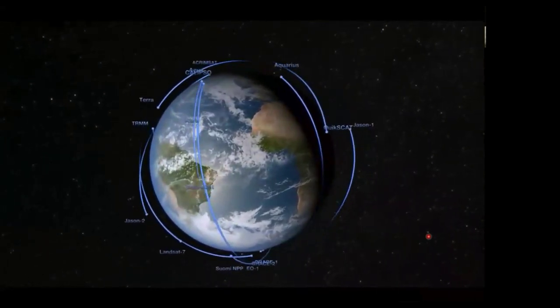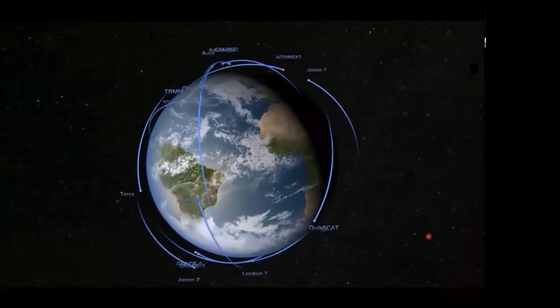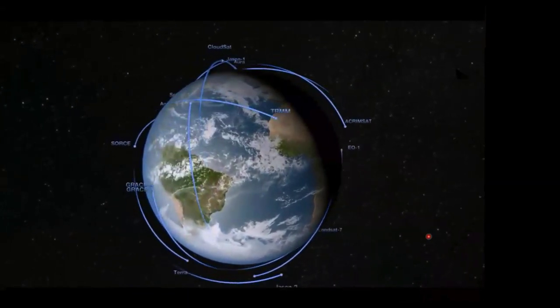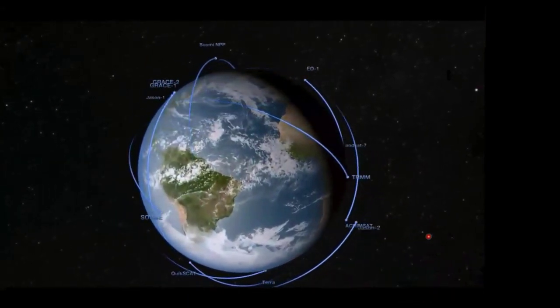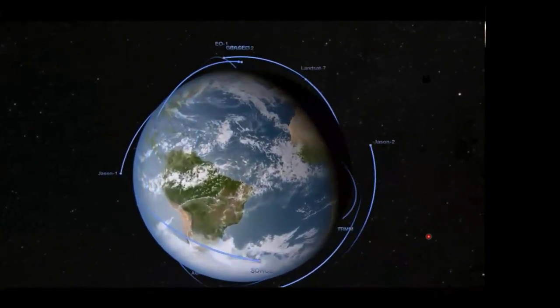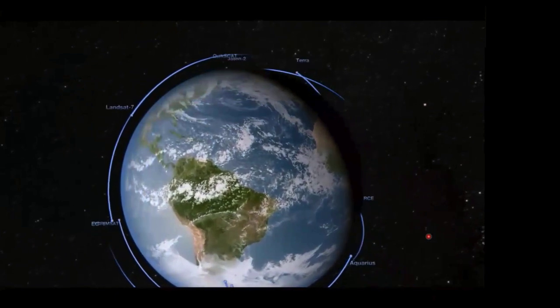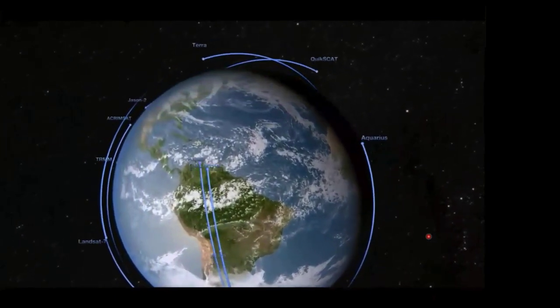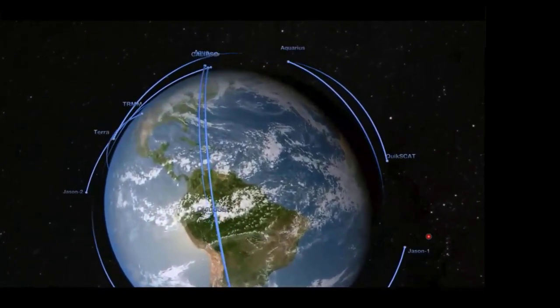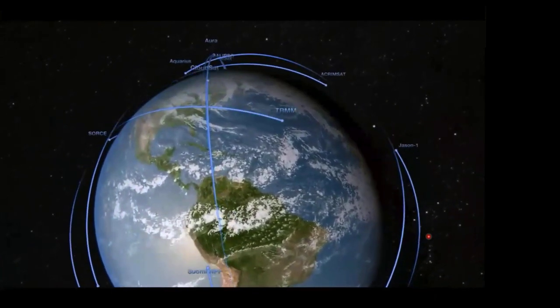So each satellite, following their orbit, scans a little portion of the surface of the Earth. And then, by the next round, as the Earth rotates, they will scan the next portion of the Earth's surface. And they just keep this going.